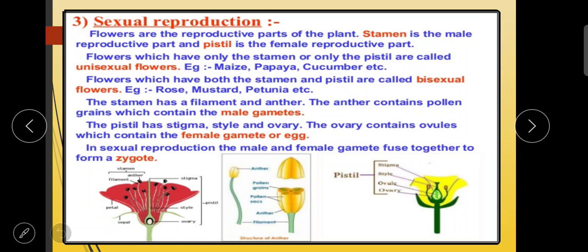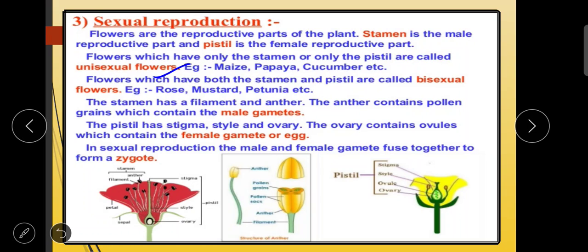Today we will have an idea about sexual reproduction also. Flowers are the reproductive parts of the plant, as we have already seen. The stamen is the male reproductive part and the pistil is the female reproductive part. Flowers which have only stamen or only pistil are called unisexual flowers, like maize and papaya, which contain either stamen or pistil.